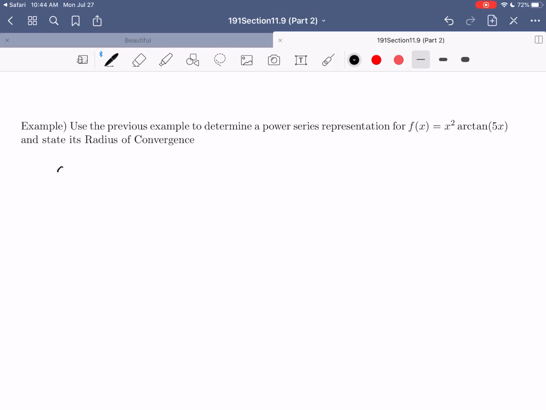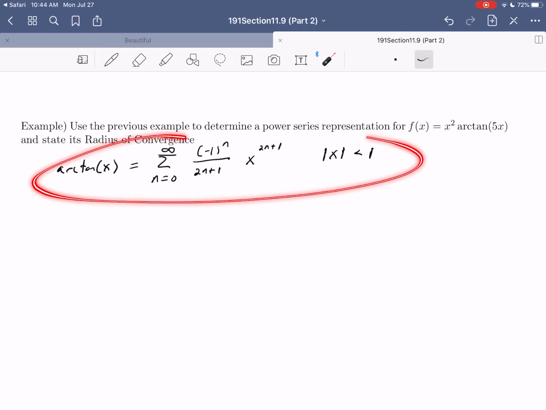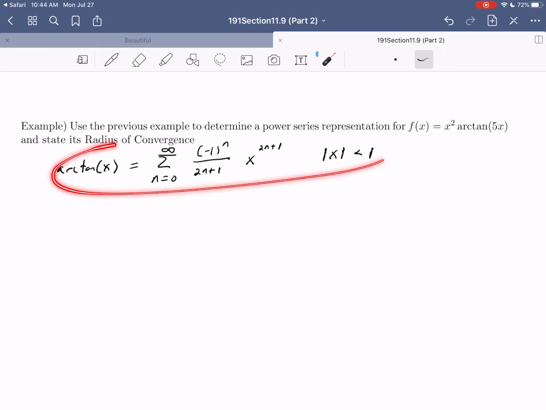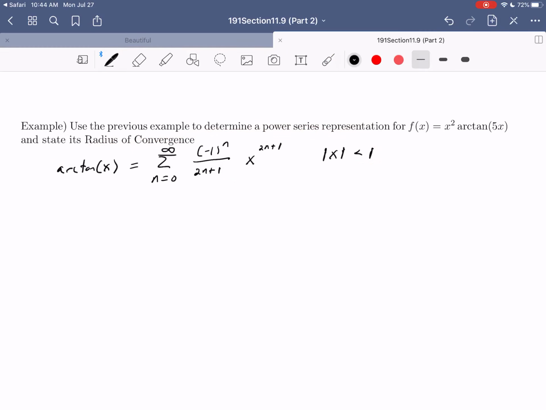Keep in mind, we just figured out that arctan of x is the sum from n equals 0 to infinity of (-1)^n over 2n plus 1 times x to the 2n plus 1, as long as the absolute value of x is less than 1. This is now an established series, so anytime we see something with arctangent, we're welcome to use what we've already established here.